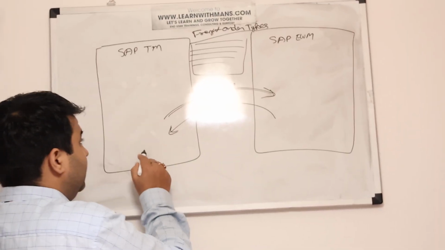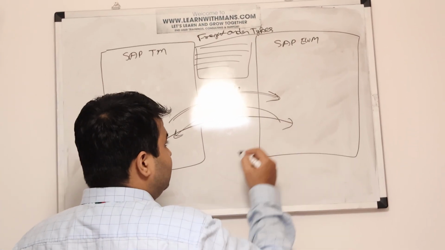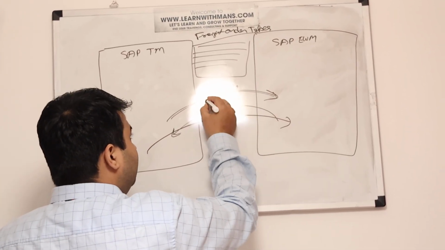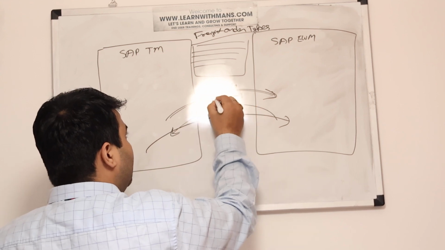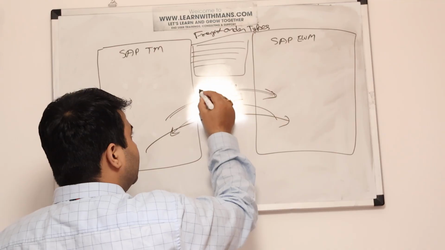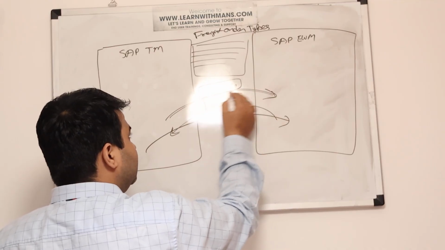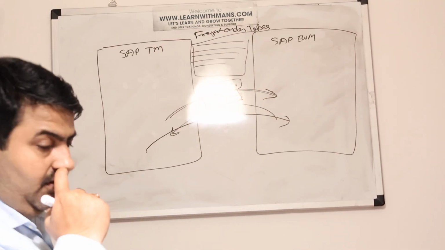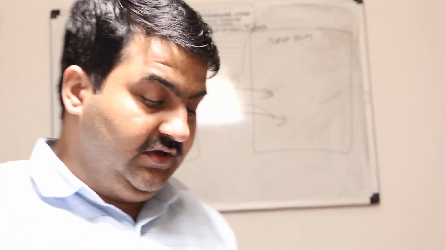It carries the details of the freight unit and loading instructions, and brings them from the TM system to the EWM system. So the XML file works similar to an IDOC, an intermediate document.